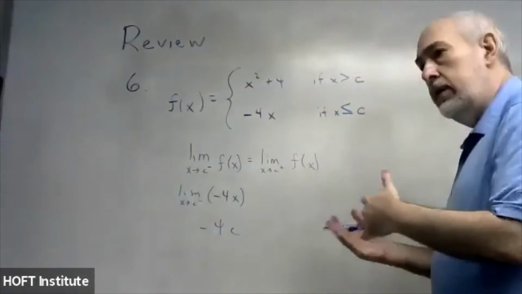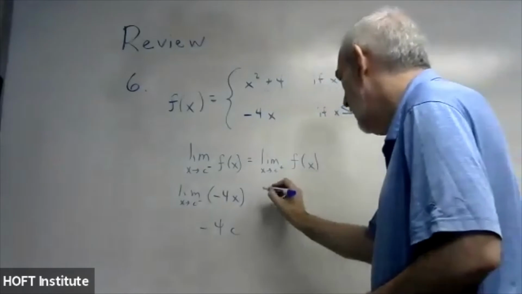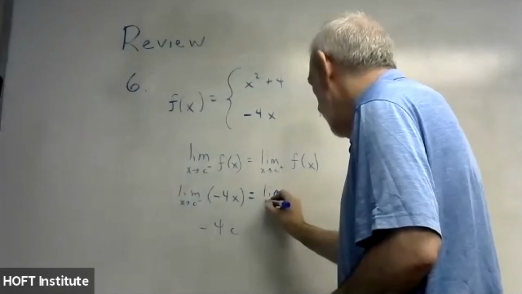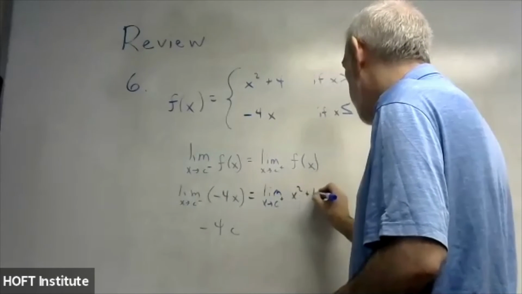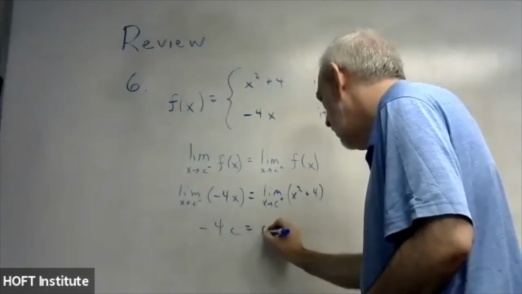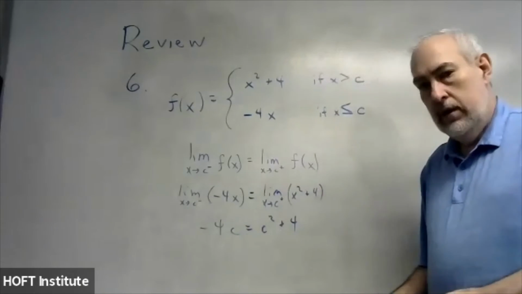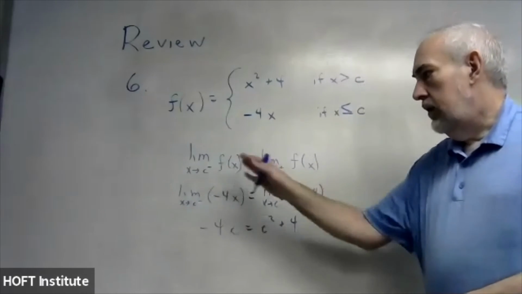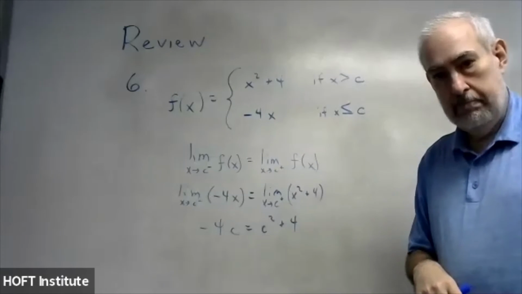For x's that are greater than c, we use the equation x squared plus 4. So this becomes the limit as x approaches c from the right of x squared plus 4, which is a polynomial, so you can just plug in c. So we get c squared plus 4. Therefore, this is a requirement for the limit to even exist, which we need for continuity.